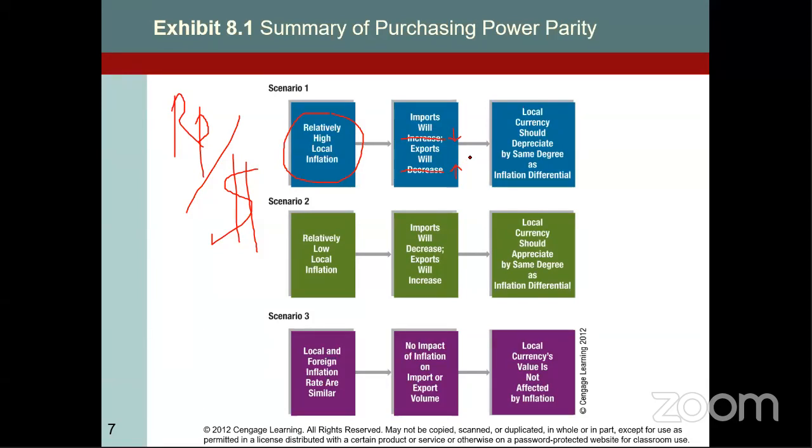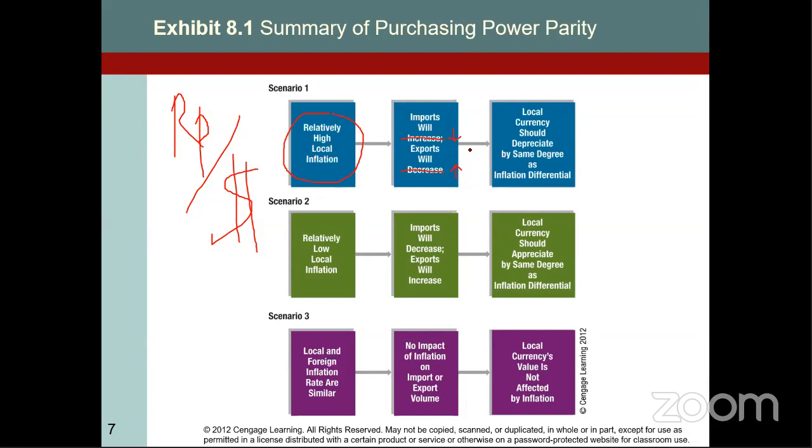If you import goods from the US, then your money is worth less. Then you need more money to import 1 unit of goods from the US. So Indonesian importers will say, no, I don't want to, and I will decrease my import value. So that's why the import values will decrease.